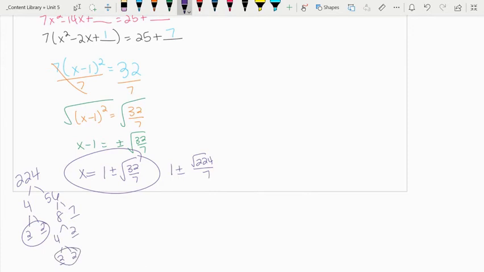So technically, you would rewrite that as 1 plus or minus 4 root 7 over 7. Okay, I'm not overly concerned about that aspect. Oh, sorry, I forgot the 2, so that should be a 14. Okay, I am most concerned with using this far.